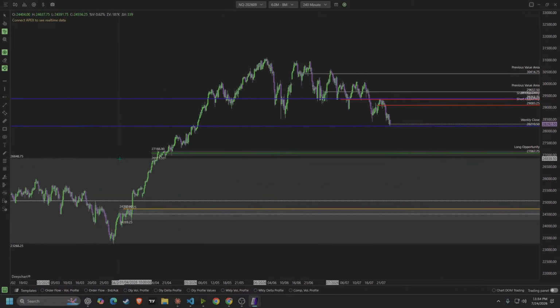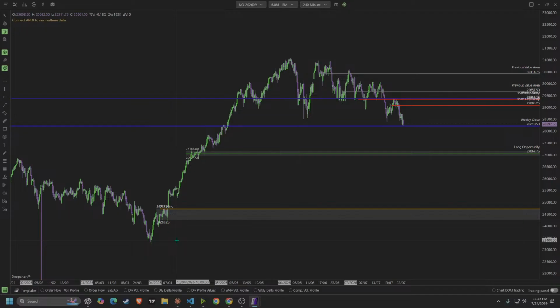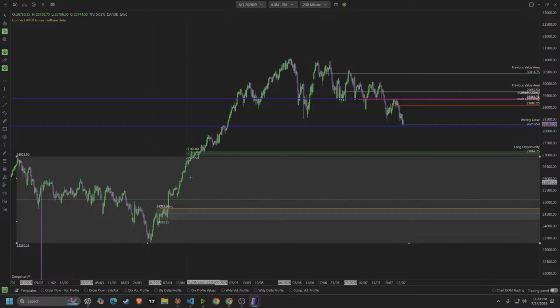All right, and so that makes sense, right? It's a valid theory. Well, what happens often is price will leave a range, tap back into 50% of it before coming back out and leaving again. So what we can look for here, for me, is taking a long to there, right?